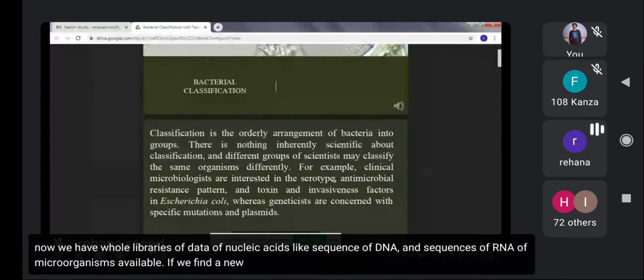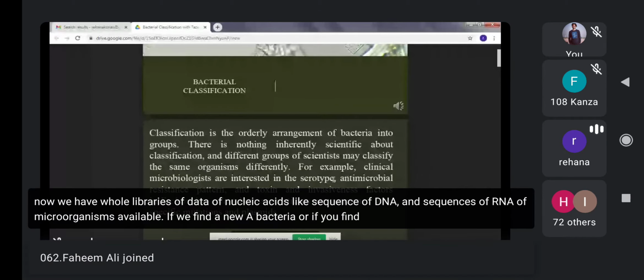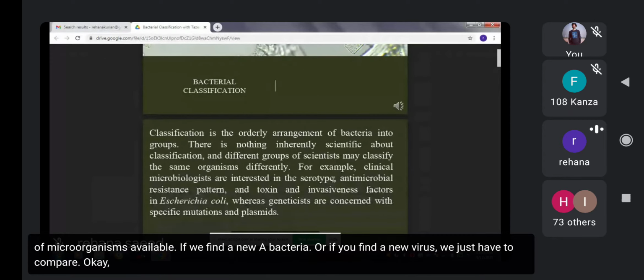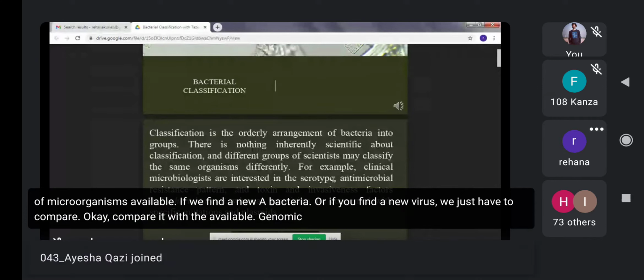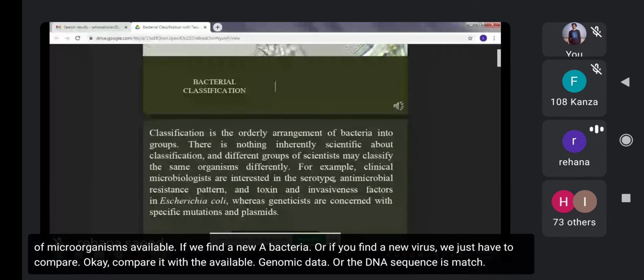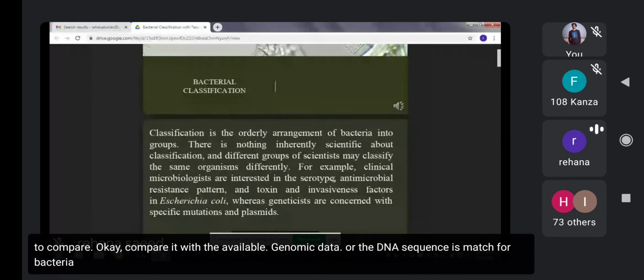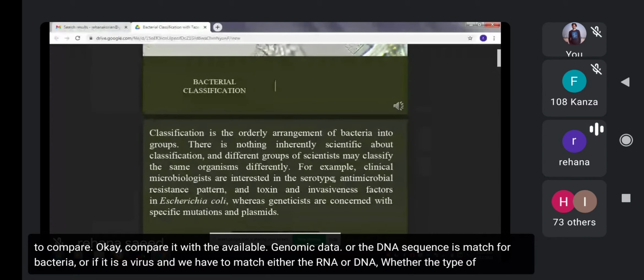So if we find a new bacteria, or a new virus, we just have to compare it with available genomic data, matching the DNA sequence for bacteria, or if it is a virus, then we have to match either the RNA or DNA, whether the type of virus is RNA virus or DNA virus.